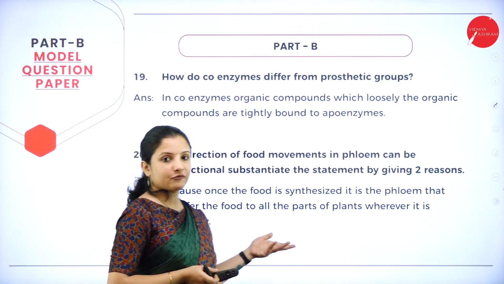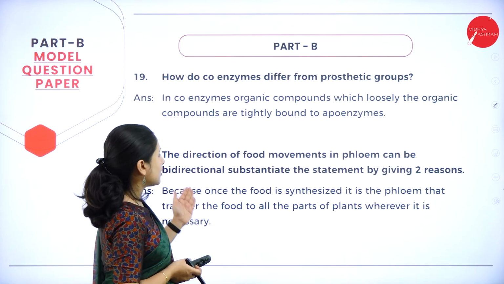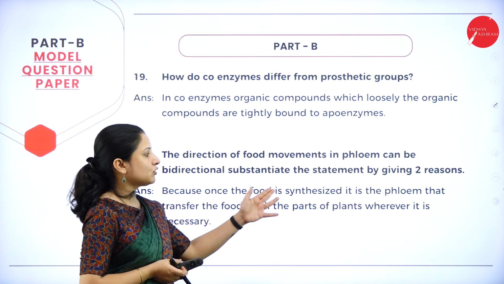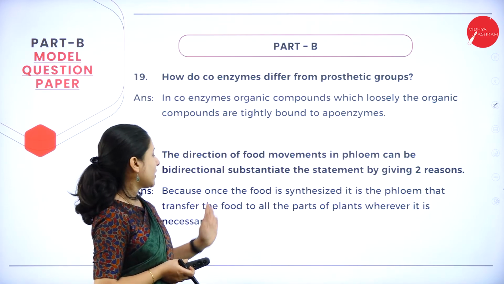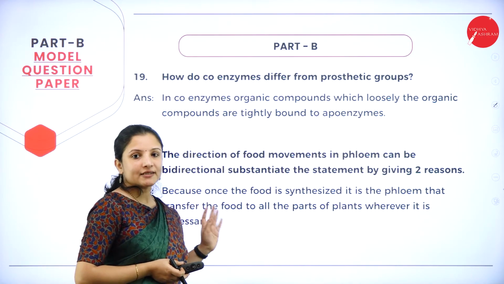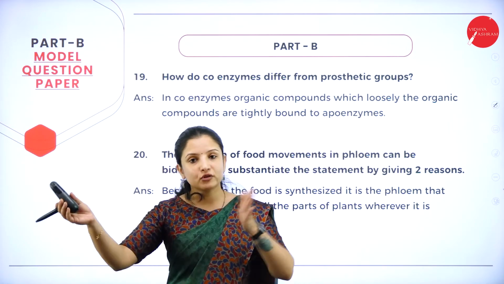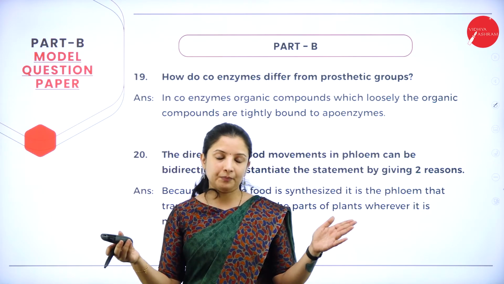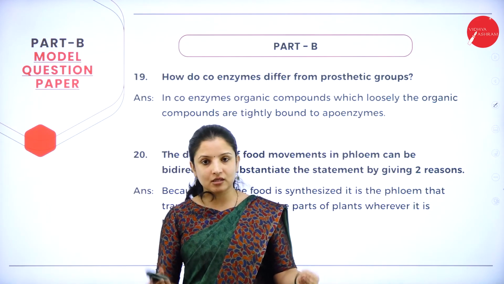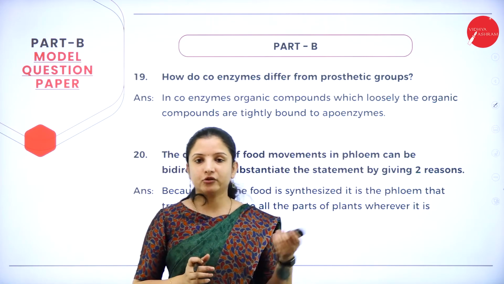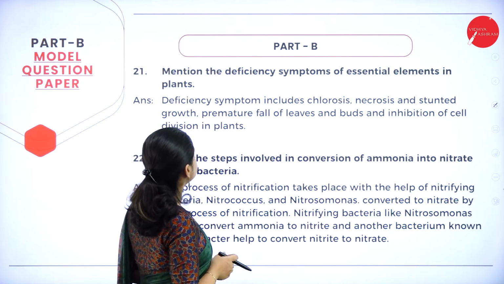What 2 reasons will you give? One is that once the food is synthesized, it is the phloem that transfers the food to all the parts of the plant wherever it is necessary. So that is the reason there is bidirectional movement, because of course food has to travel to different parts of the plant and that is taking place through the phloem. So that is why the movement is bidirectional. You write so much, you will get 2 marks here.